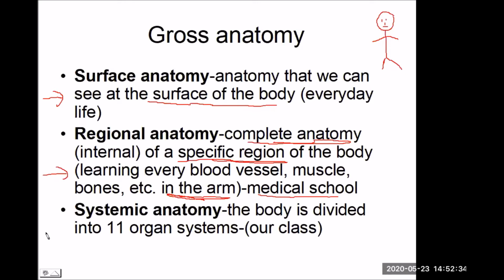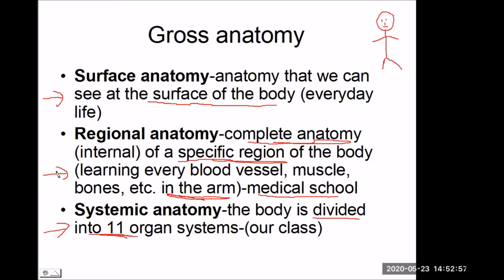Whereas our class uses the systemic approach to anatomy, where the body is divided into 11 distinct organ systems. So we're just going to focus on one organ system at a time, but we'll study that complete organ system as it relates to the entire body.